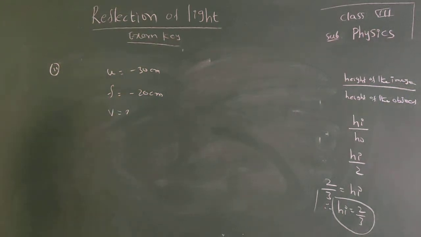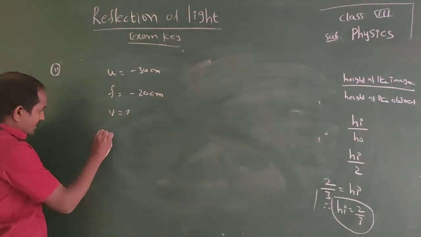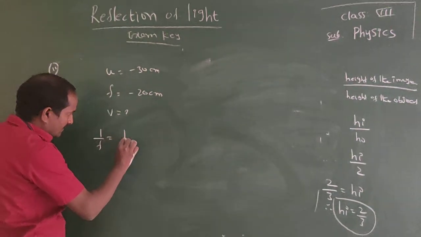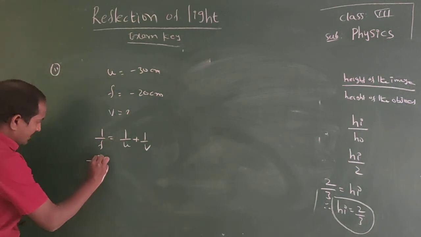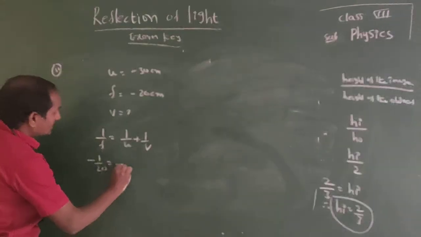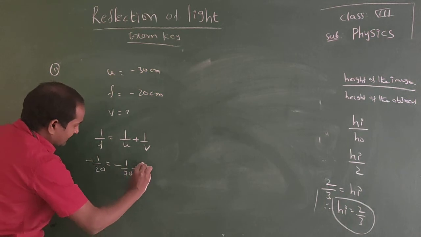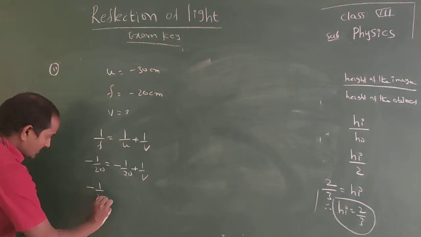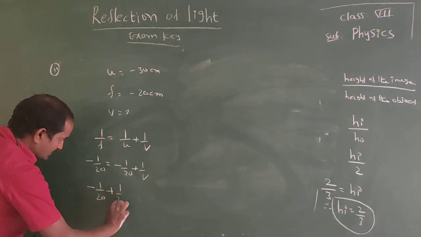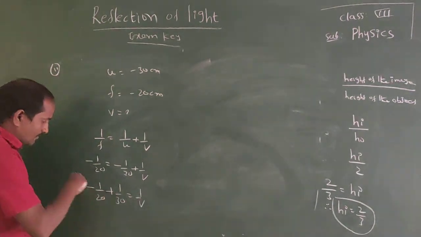For a concave mirror u, f and v are also negative. So 1 by f equal to 1 by u plus 1 by v, that is minus 1 by 20 equal to minus 1 by 30 plus 1 by v. Bringing to the same side, minus 1 by 20 plus 1 by 30 equal to 1 by v.